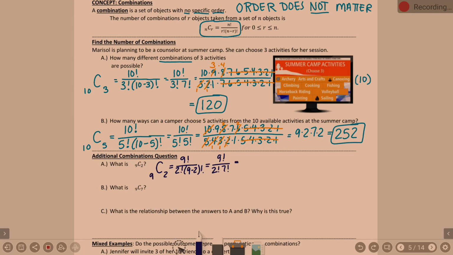So here, on top, 9, 8, 7, 6, 5, 4, 3, 2, 1. On bottom, 2 factorial, 2 times 1, and 7 factorial, 7, 6, 5, 4, 3, 2, 1. What's happening?